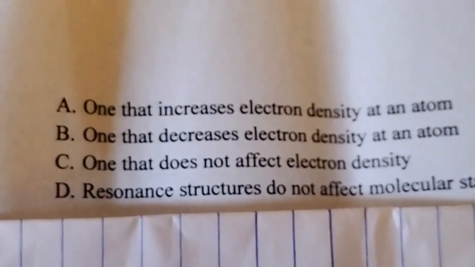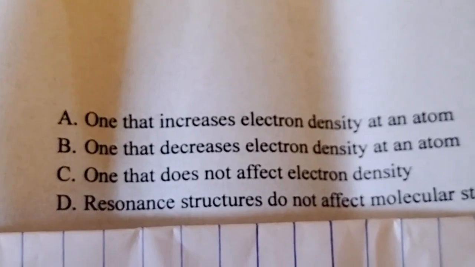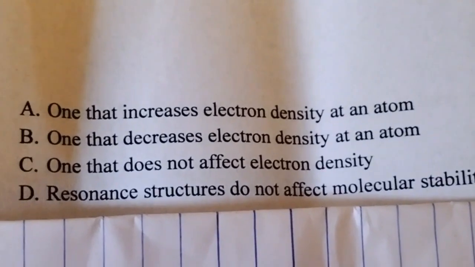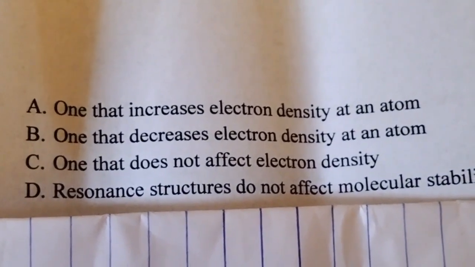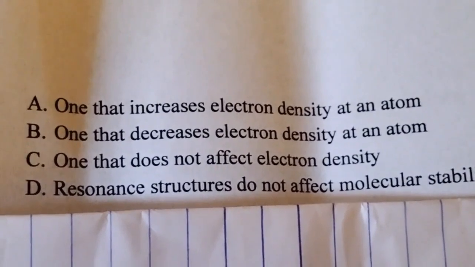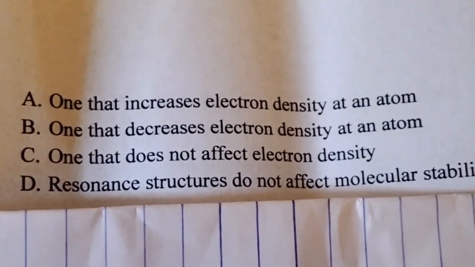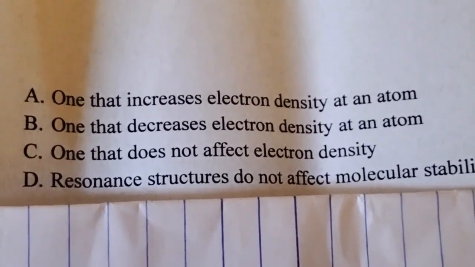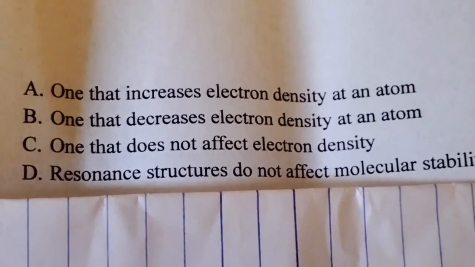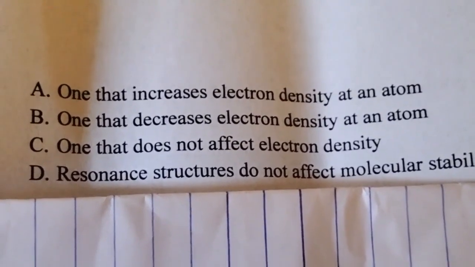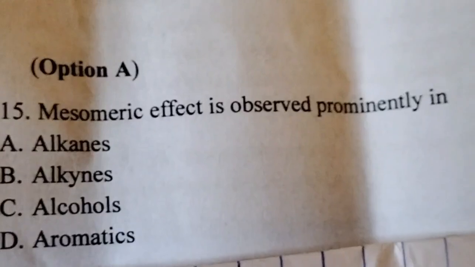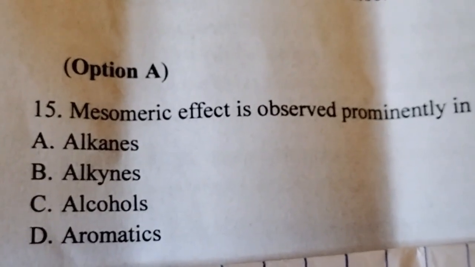D. Resonance structures do not affect molecular stability. The answer is A. That is why groups that have M positive effect are the ones that stabilize molecules in resonance, because they give out electrons. So electron donating groups tend to stabilize molecules in resonance, while electron withdrawing groups destabilize molecules.